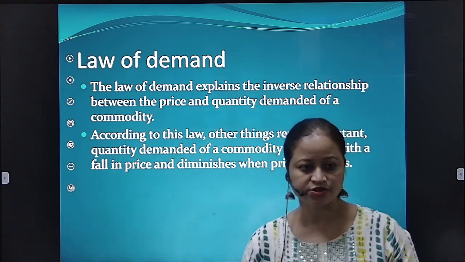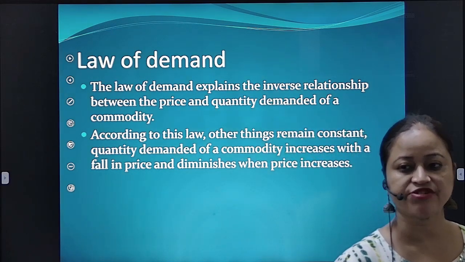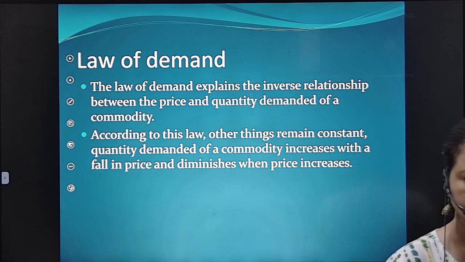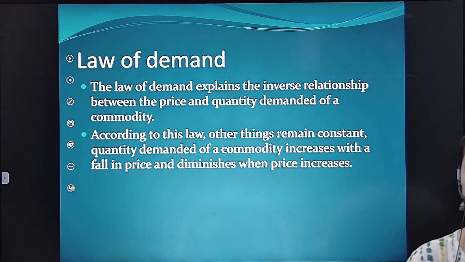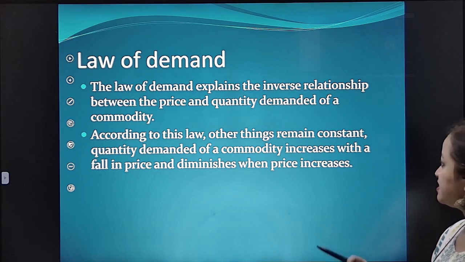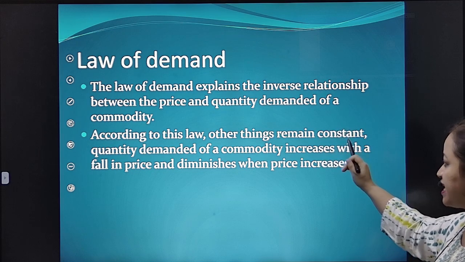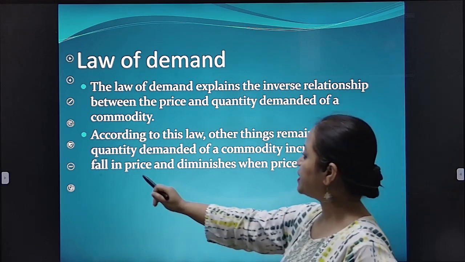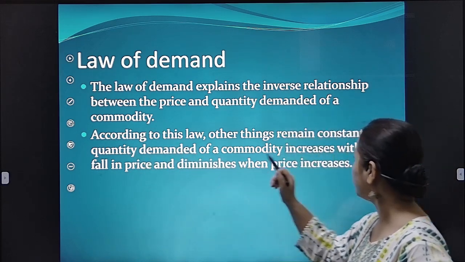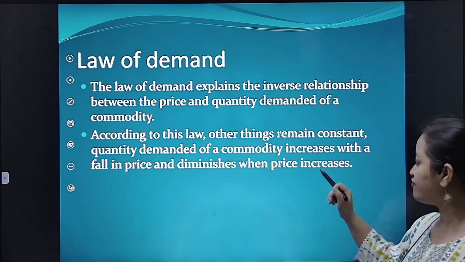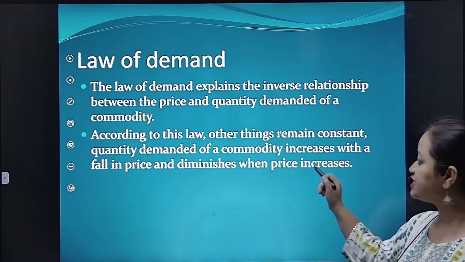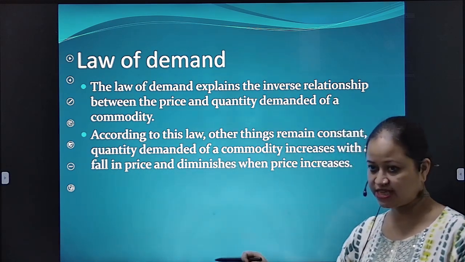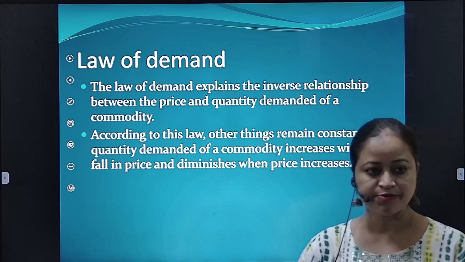Other things remaining constant means we are not considering other factors like the income of a person or population. Whenever there is a fall in price, quantity demanded will increase, and whenever there is an increase in price, quantity demanded will decrease. So that is what the law of demand is all about.